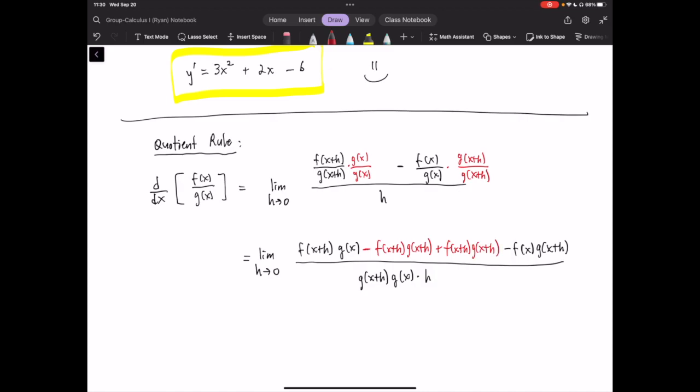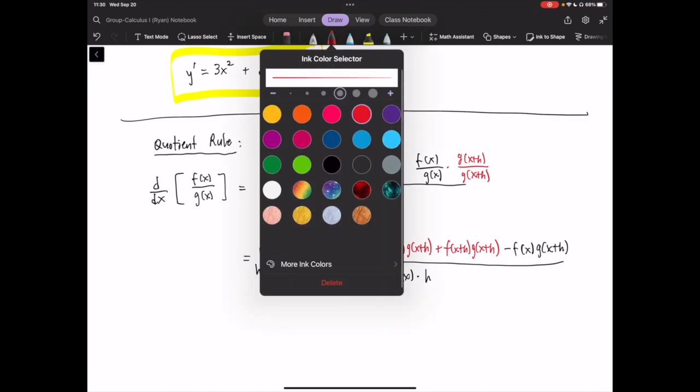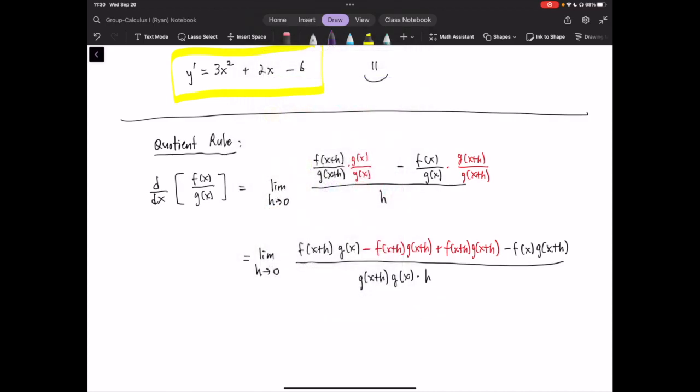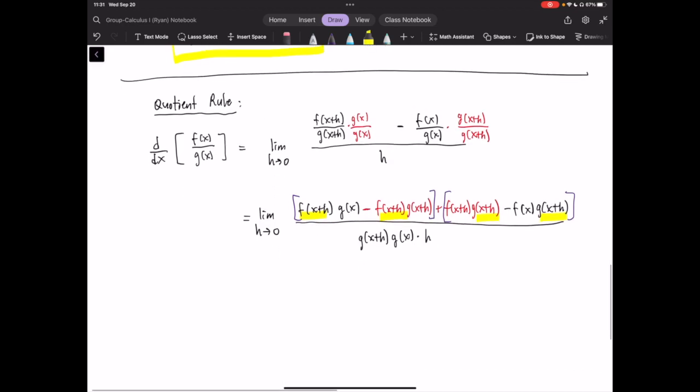And now when we do the grouping, it's going to be the same as what we saw before, right? So the grouping, we're going to group these two terms, and we're going to group these two terms, okay? Now, in the first one, what's going to factor out? Well, the f of x plus h is going to factor out, right? In the second one, what's going to factor out? The g of x plus h is going to factor out. Okay, and so let's see what we have when we do all this.